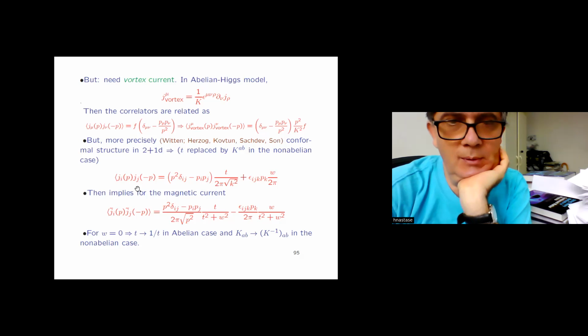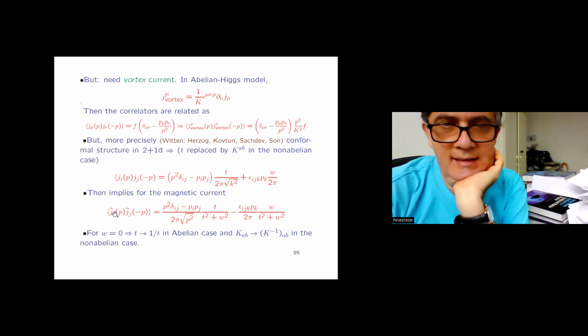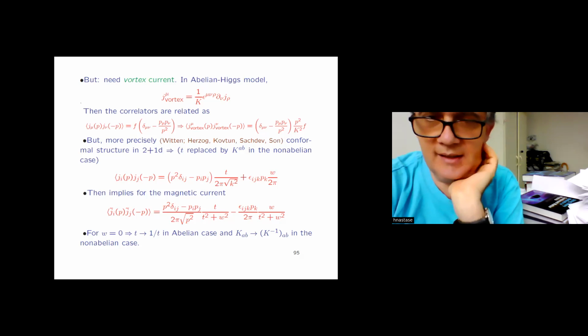So the electric two-point function is written in terms of a coefficient T and the parity breaking coefficient W. And then the magnetic current two-point function is written in terms of this new structure, T over T squared plus W squared, and W over T squared plus W squared.